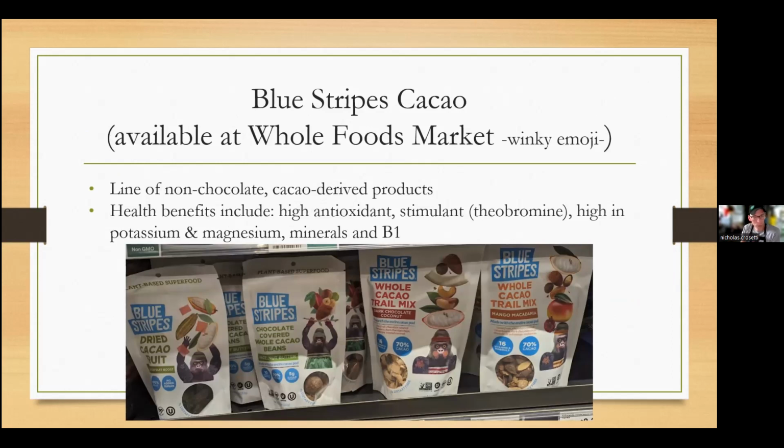This company makes a whole line of products using the entire fruit. They make a flour. You can buy just the dried fruit. They have whole cacao beans that are covered in chocolate. So interesting stuff. From their website.